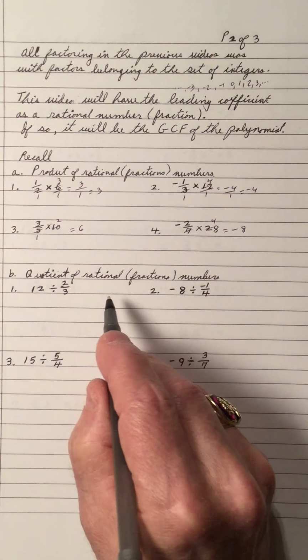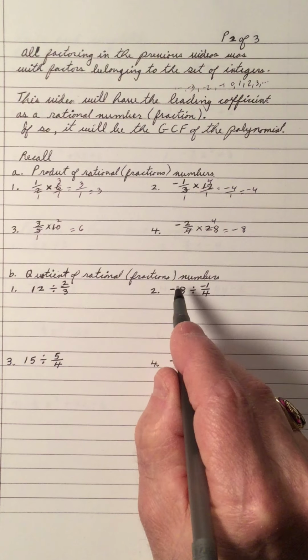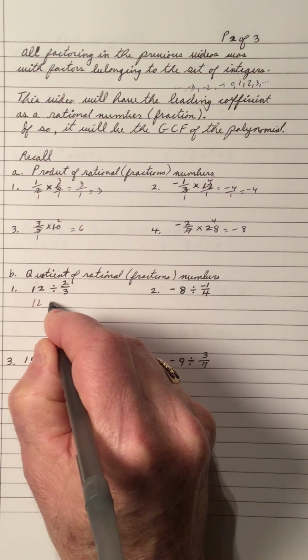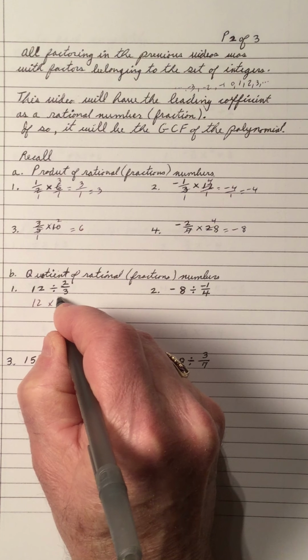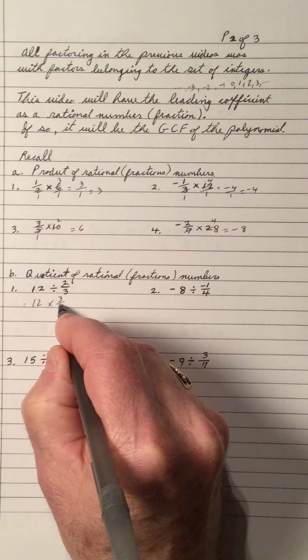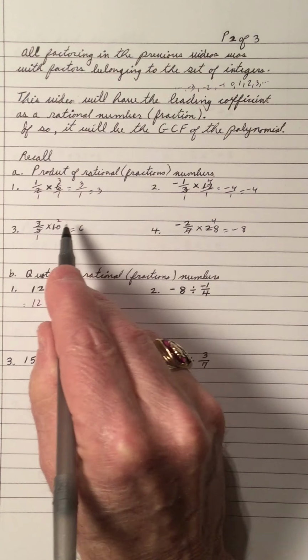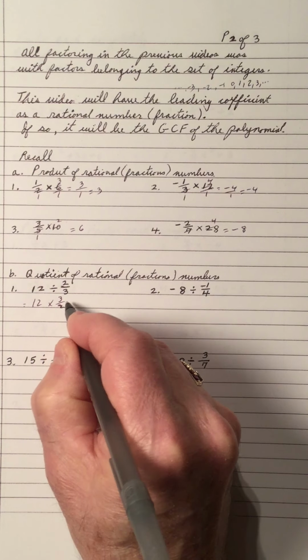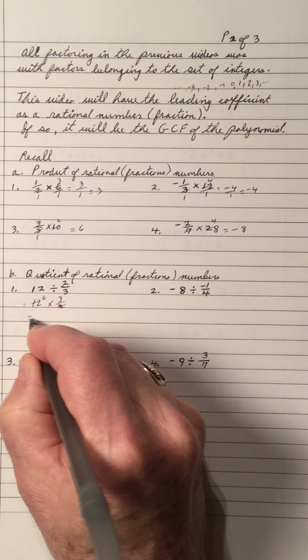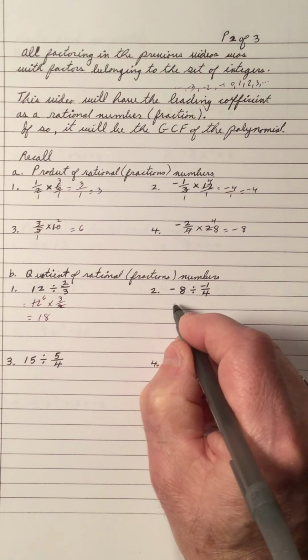And when we divide rational numbers or fractions, we multiply by the reciprocal. The 12 is multiplied by the reciprocal of 2 over 3, which is 3 over 2. That means we're multiplying fractions, so we do the same as we do up here. We cancel. So 2 into 12 goes 6, and 6 times 3 is 18.